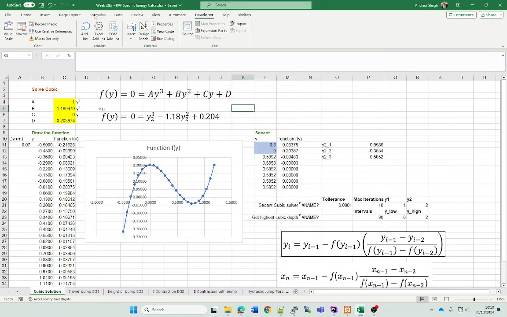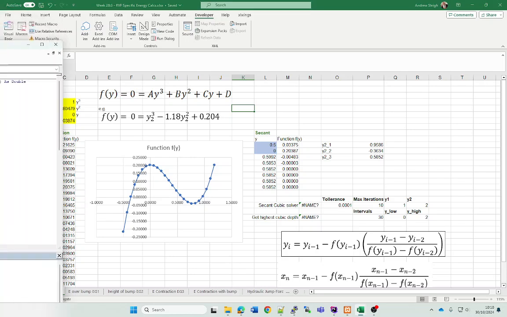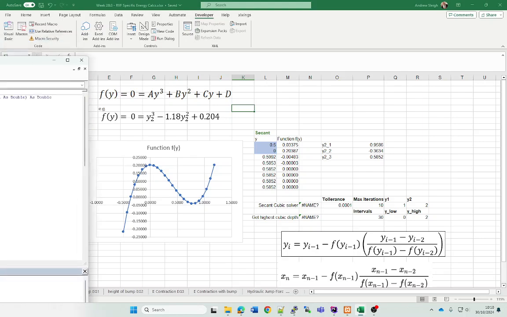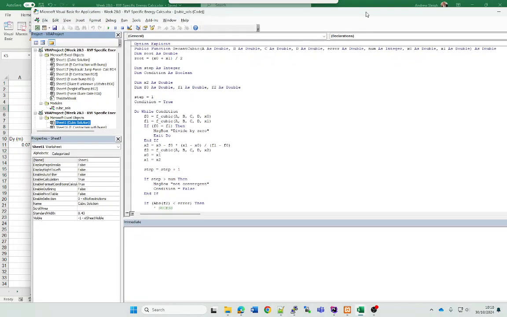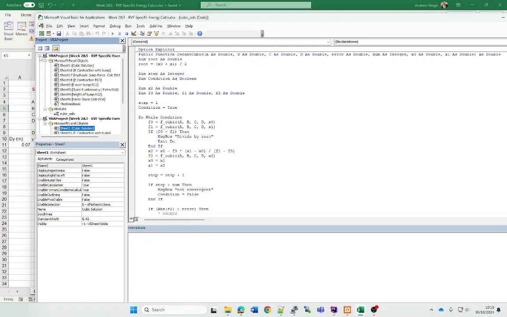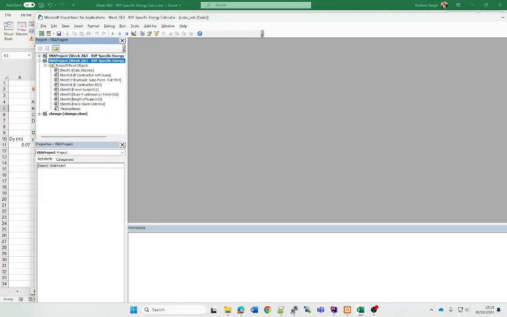Click on developer, click on Visual Basic, and this window pops up. Now this one here is my worksheet that I'm working on now, and I see the list of all the worksheets in there.